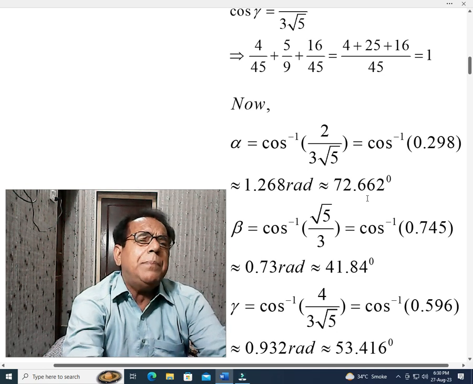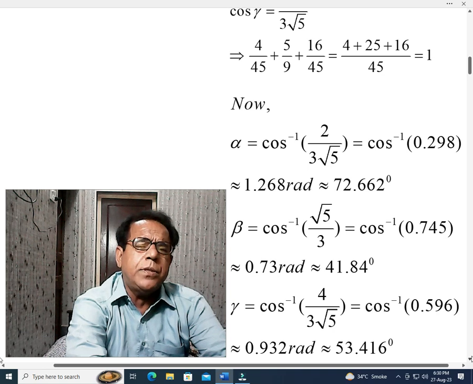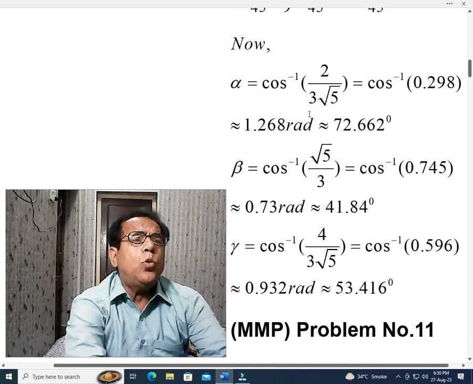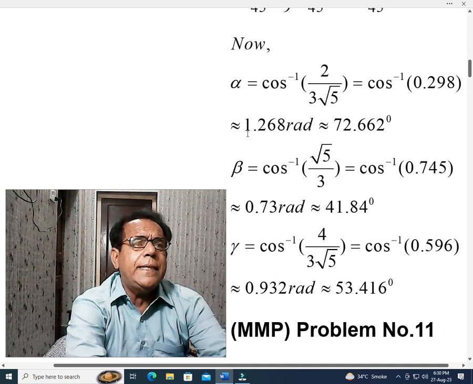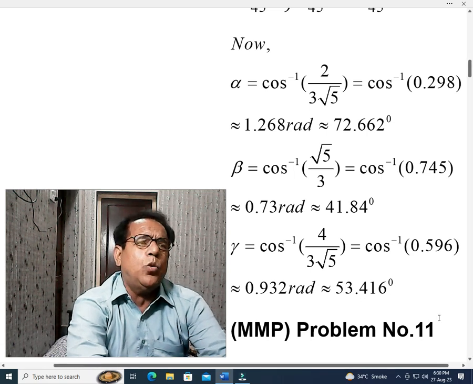There may be several methods to find this value; as you find easy, you may adopt that method. Similarly, beta equal to this, and gamma equal to this. I think there should be no confusion.